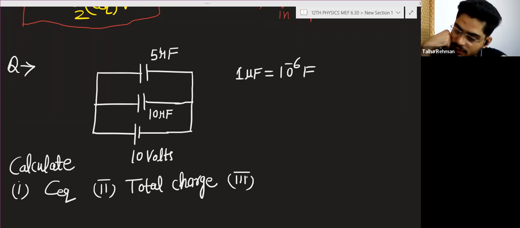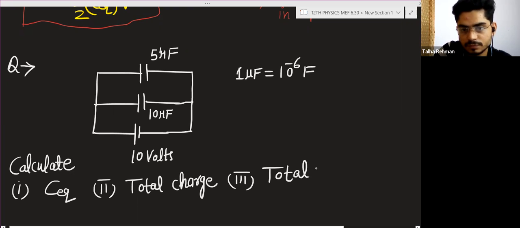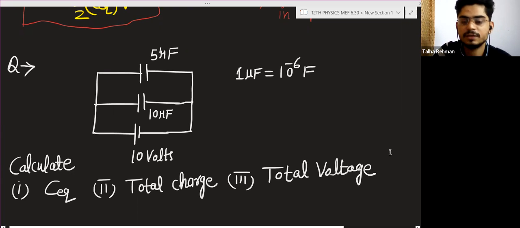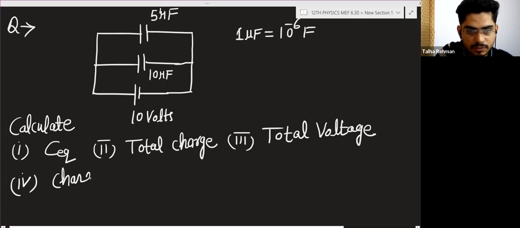I am just teaching like you can solve any type of question, means with the help of these concepts. Okay. Number 3, total voltage. I am telling each and everything in a detailed manner. 4th is the charge stored in each capacitor.